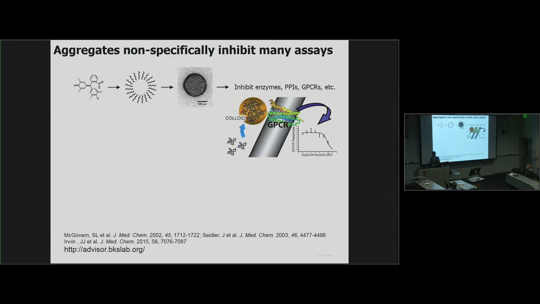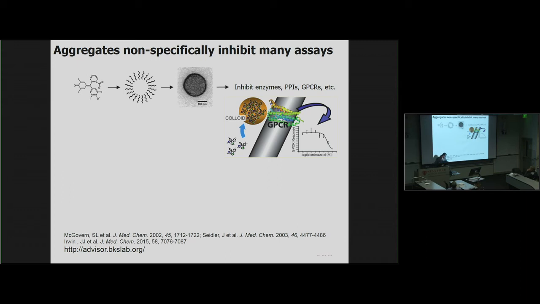There's another problem that Bruce touched on that is in some ways even more insidious, and this is the fact that a lot of small molecules will form aggregates in aqueous solution. These can actually be visualized using electron microscopy. These aggregates will non-specifically interfere with a lot of different types of assays, whether biochemical or cell-based.